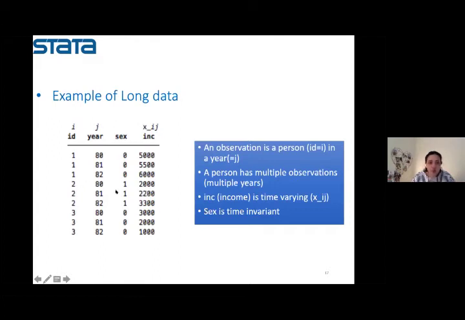For individual 2, you also have the data about income for all the years. If you have 10 individuals, and for each individual you have information for 2 years, you will have 20 lines. And the variables that are time invariant are not supposed to change over time. They are supposed to be the same over the years.